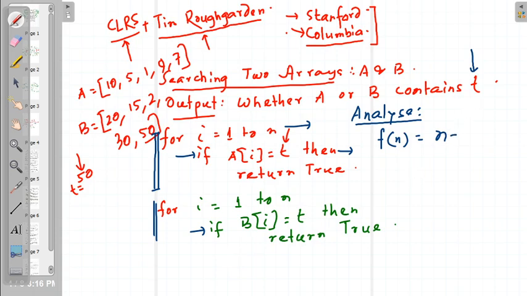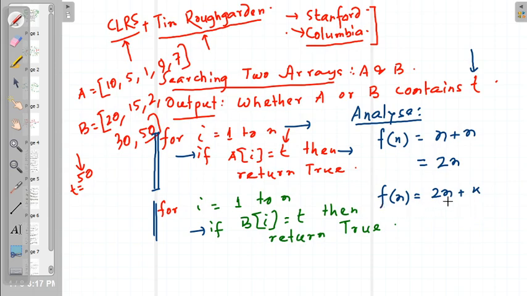So the number of comparisons is 2n. And if there are some other statements happening k times, where k is a constant, I can take that into account as well. So in general we can have this structure, 2n plus k, for this case.